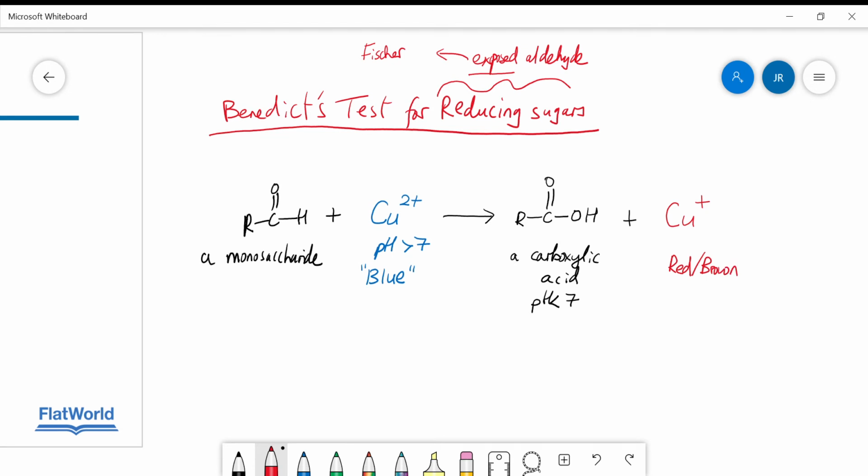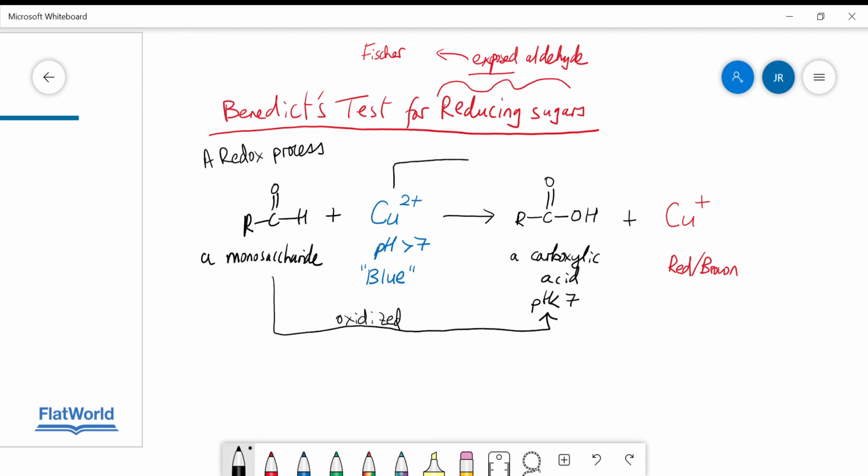Okay, so this is a redox process. And essentially what we've got is the monosaccharide is oxidized, and the copper is reduced.